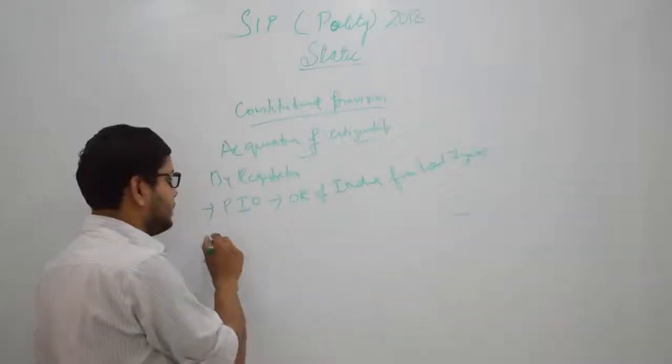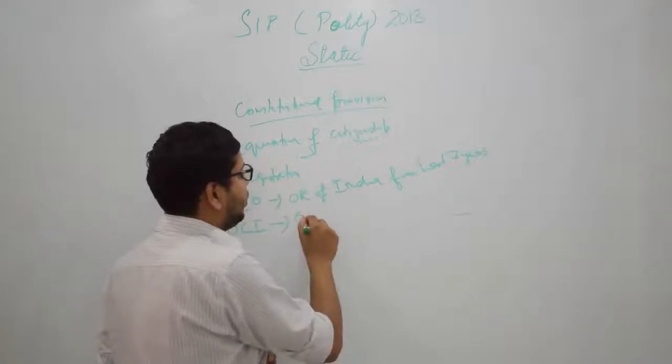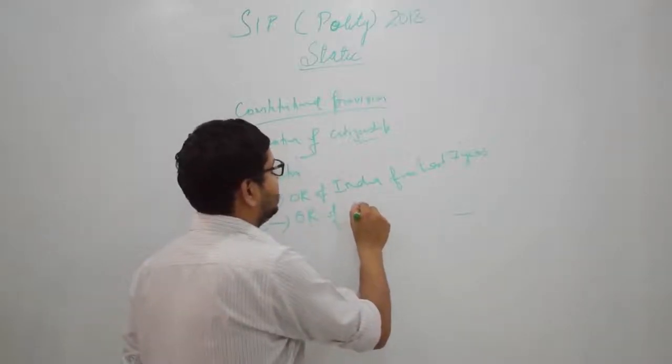Or if he is an OCI, overseas citizen of India, he should be an ordinary resident of India for the last 5 years.